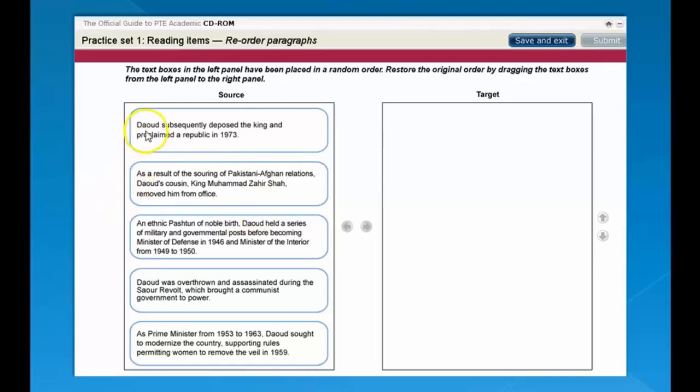So, Daud subsequently deposed the king and proclaimed a republic in 1973. What this implies is that there was a king before 1973 and a republic after 1973. So we'll use this as our baseline for everything else. As a result of the souring Pakistani-Afghan relations, Daud's cousin, King Muhammad Zafar Shah, removed him from office.